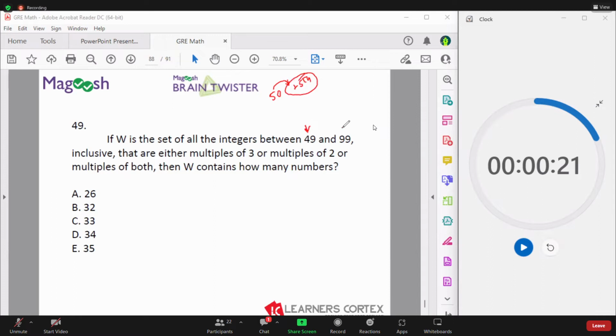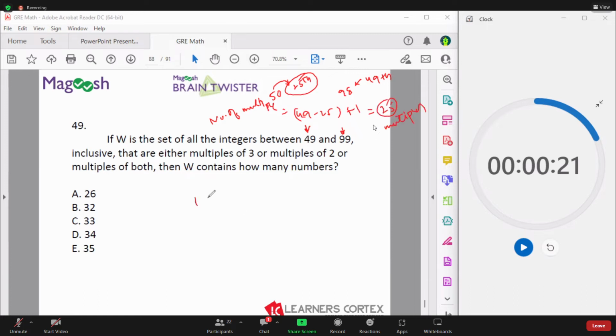The last multiple until 99 is 98, which is the 49th multiple. So the number of multiples of 2 will be 49 minus 25 plus 1, which gives us 25 multiples.